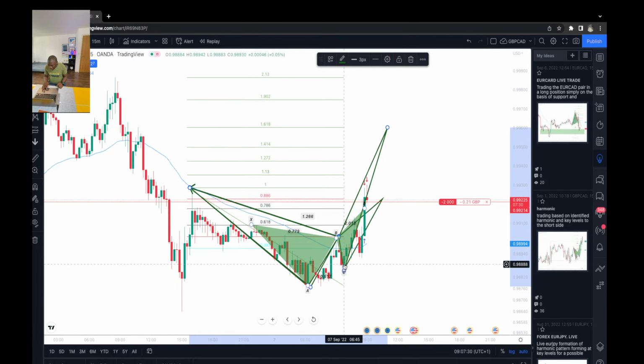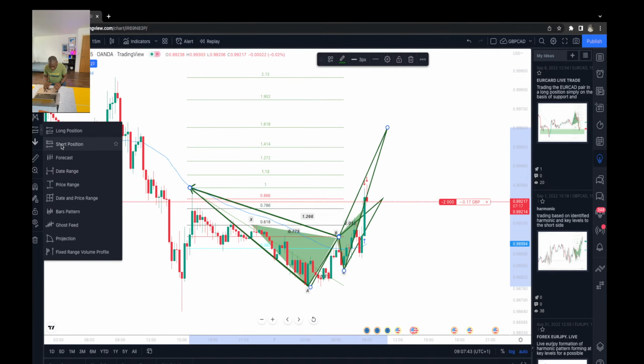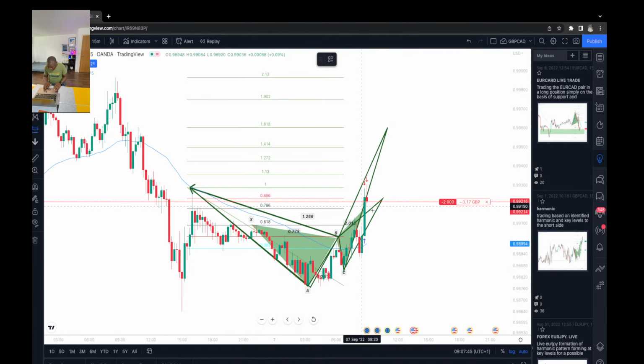So that's what I'll attempt to do here. That's my analysis for this particular pair, and hopefully time will prove me right. It could also prove me wrong, but for the moment this is how I'm trading this particular pair.